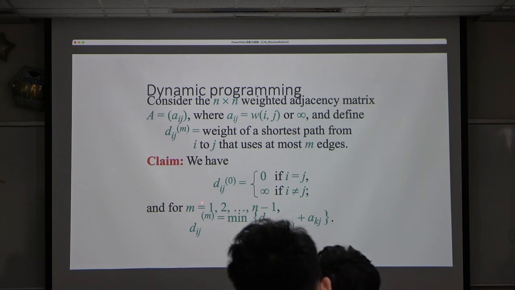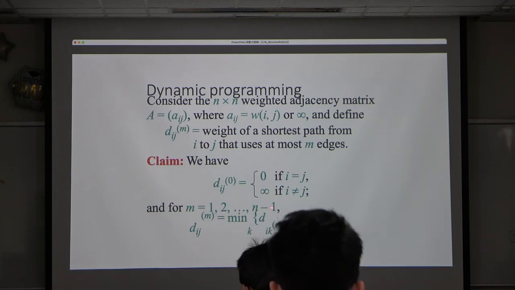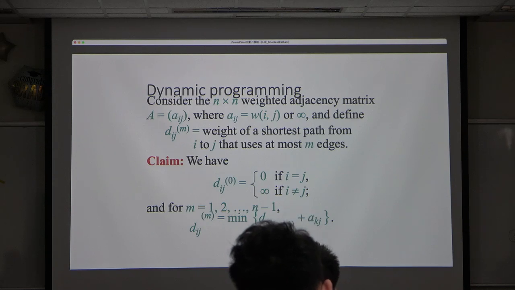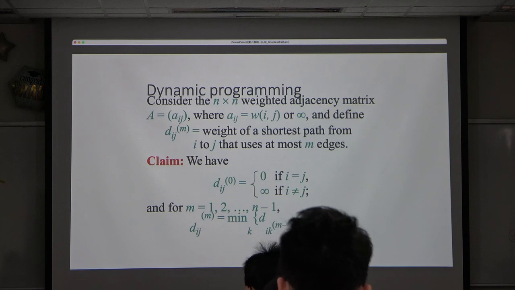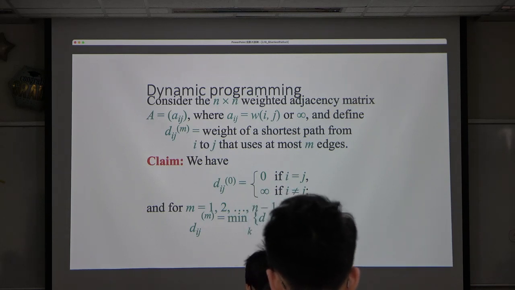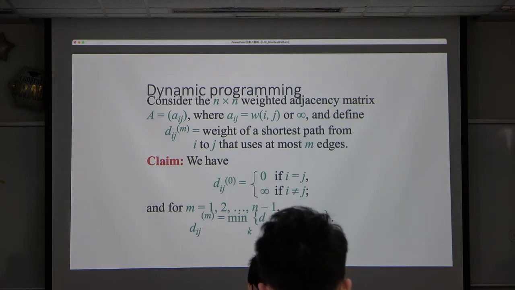And for m equal to 1 to n minus 1, remember I told you if you have no negative weight cycle, then the longest possible shortest path between two nodes is n minus 1 edges. That's why m goes from 1 to n minus 1.